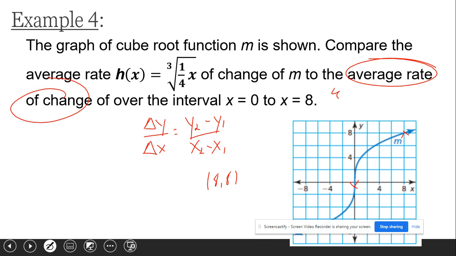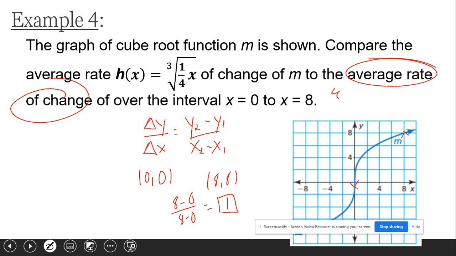That'll be my x2 and my y2. And we have a point at 0, 0. So we're going to do 8 minus 0 over 8 minus 0. So our average rate of change is just 8 over 8, which is just equal to 1.